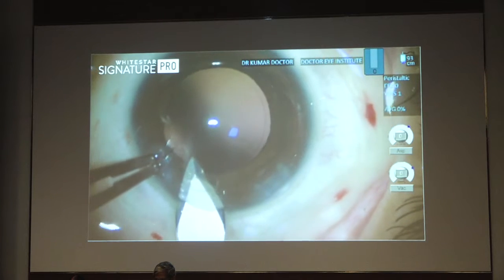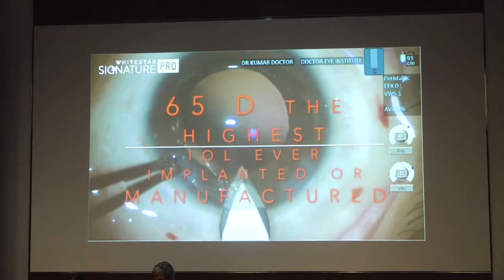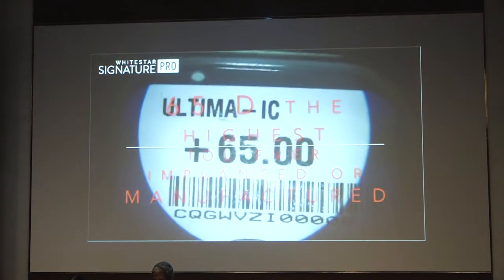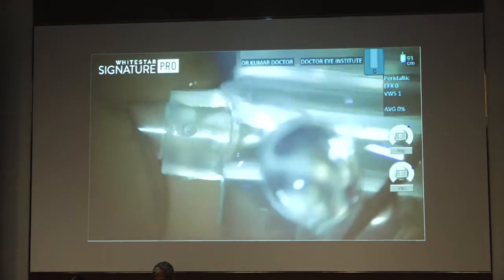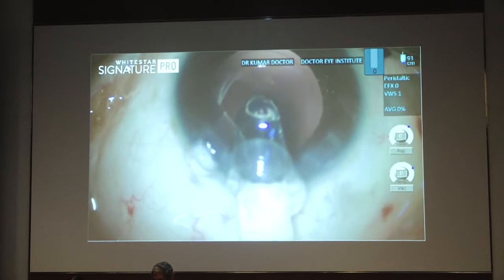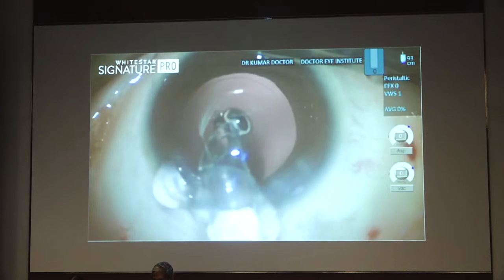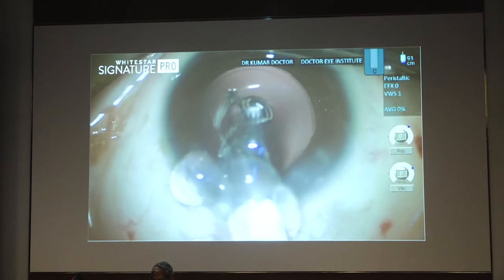The 65 diopter, highest ever IOL manufactured, was loaded, placed in the cartridge, and then injected. Loaded the hydrophilic IOL. Significant amount of pressure needed to push the 1.9 millimeter thick IOL through a 3.4 millimeter cartridge.